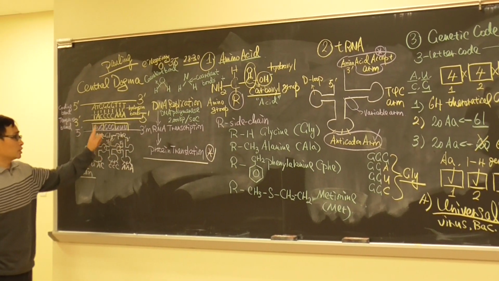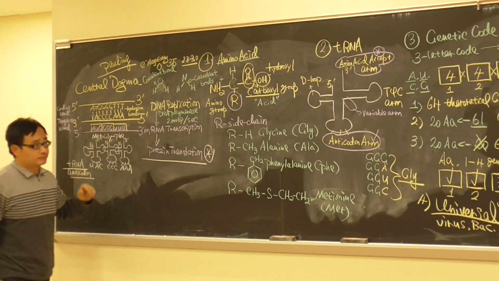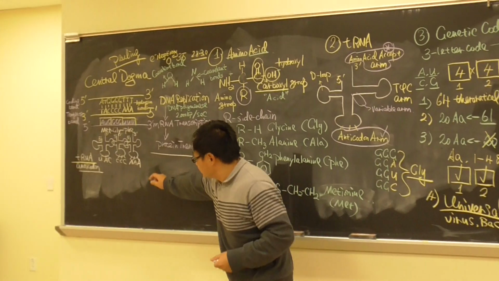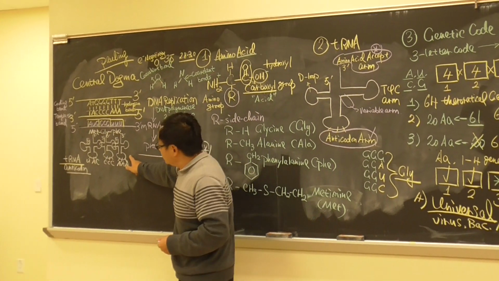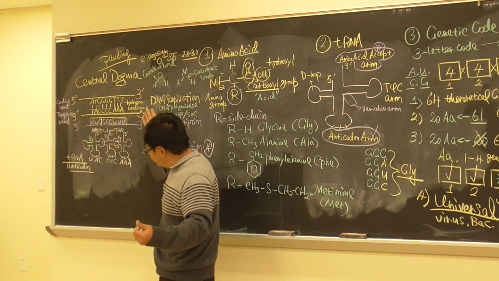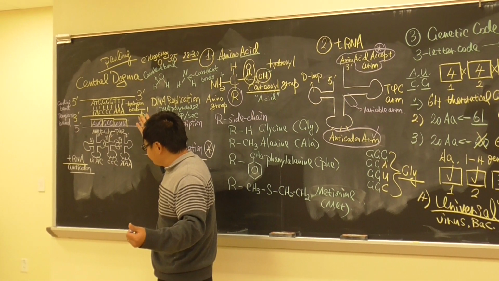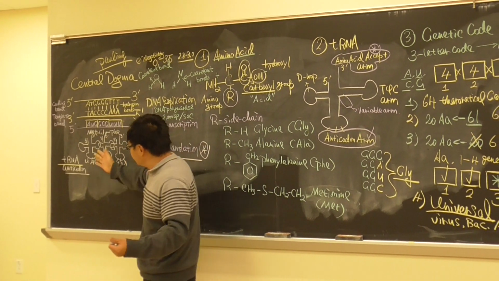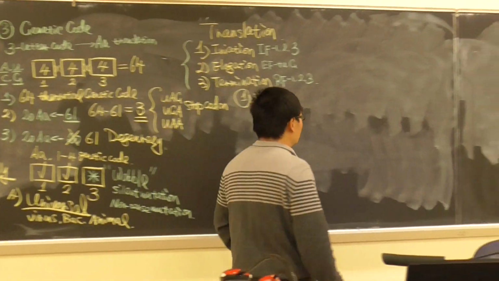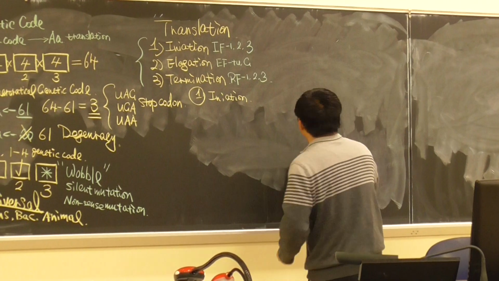Okay, we're going to go back and talk about some of the structure. First of all, we mentioned this tRNA is going to carry an amino acid. How do they connect together? How do these things work? So we're going to go back to look at the RNA.